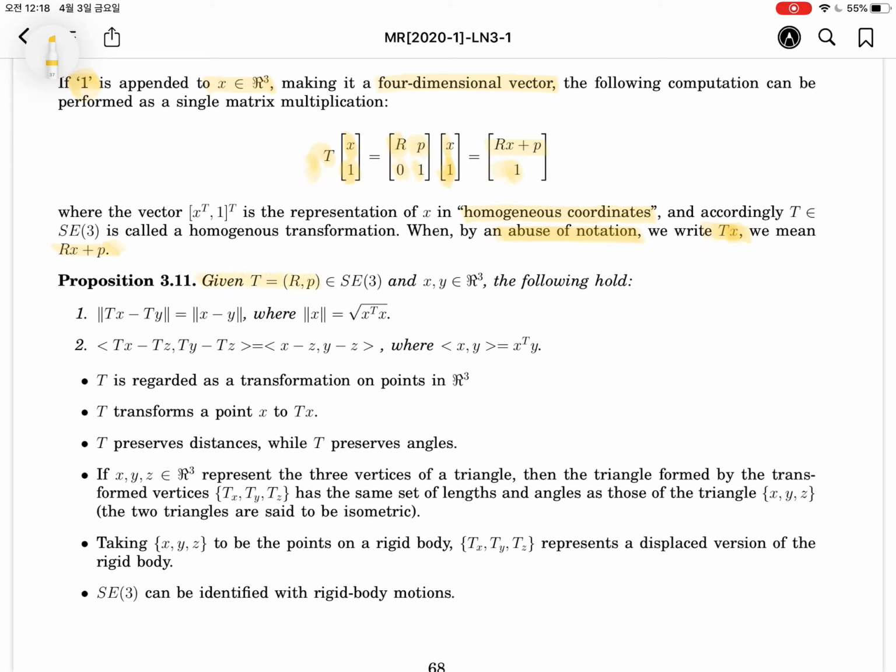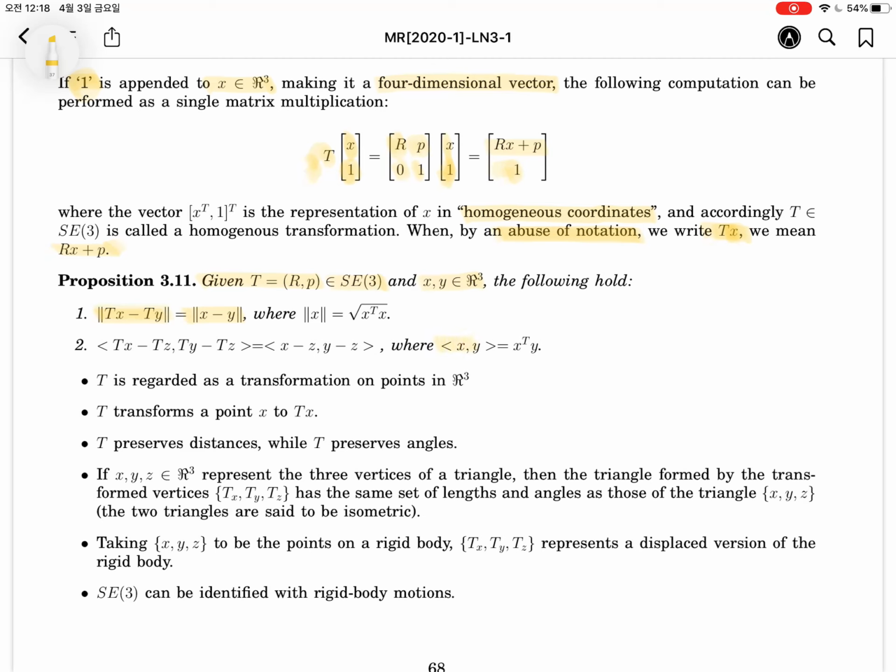For a given T described by R and P belonging to SE3, the special Euclidean group, and for given x and y belonging to R3, the following properties are satisfied. The transformed subtraction will be equal to the original subtraction. It means the transformation does not affect any distance variation.